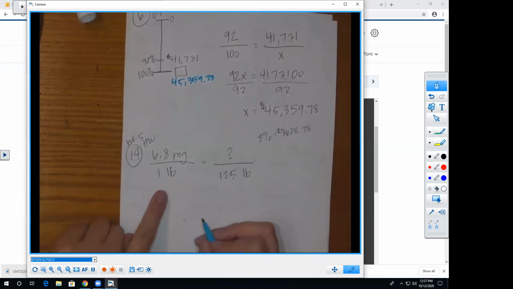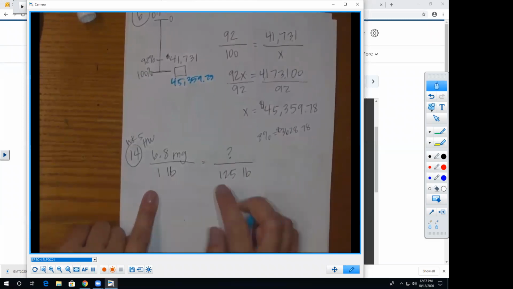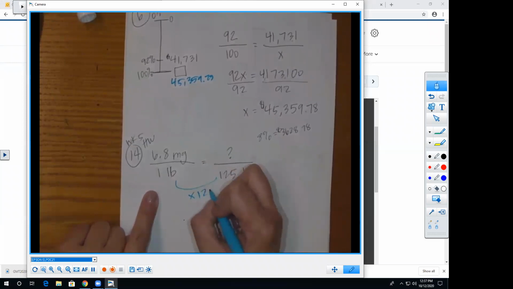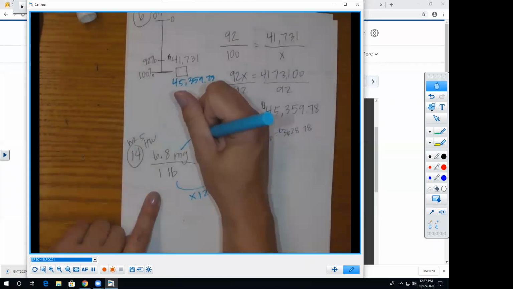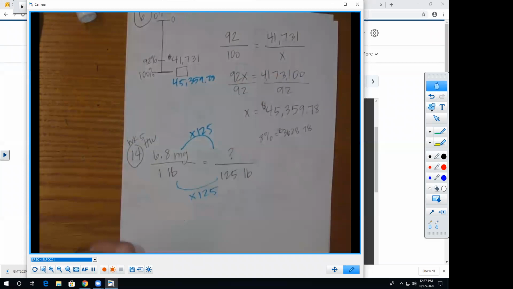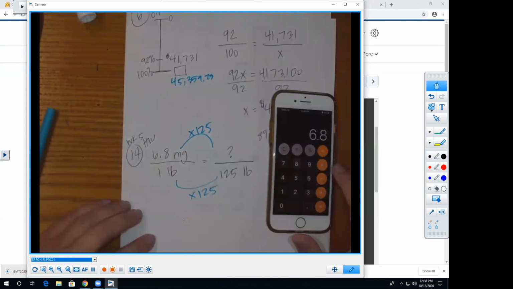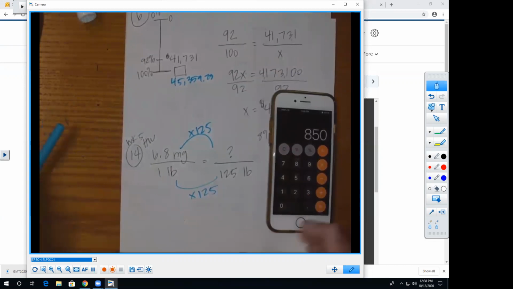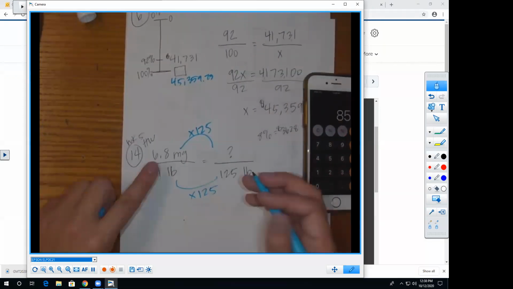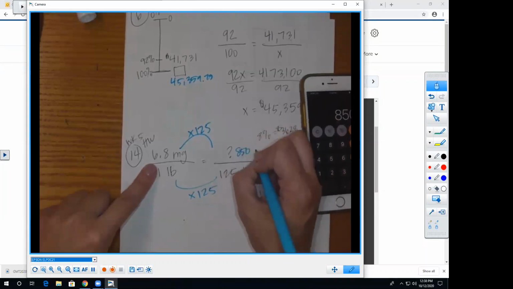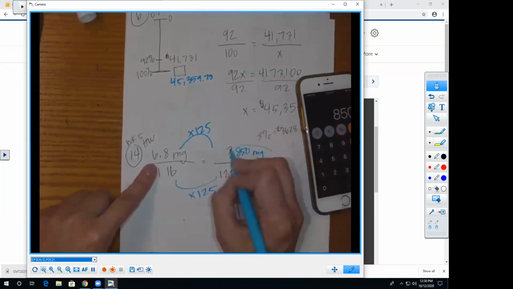To get from 1 to 125, I multiply by 125. I have to do the same thing on top. So 6.8 times 125 is 850. So you would have 850 milligrams would be the dosage.